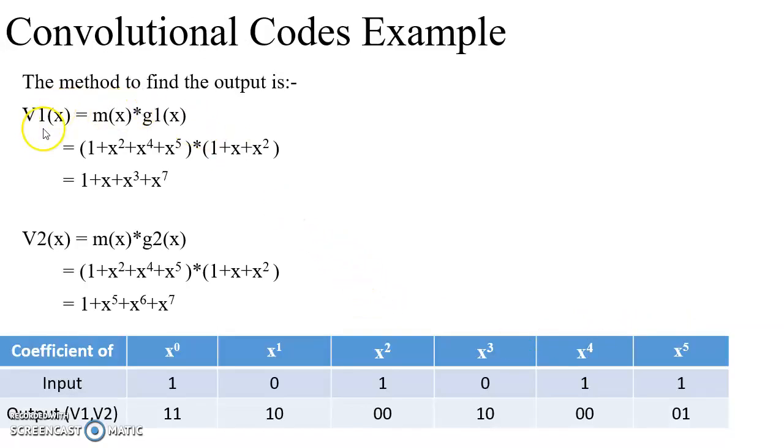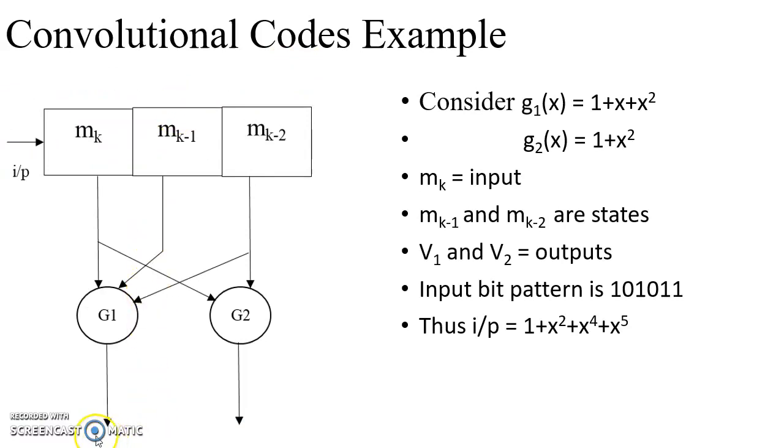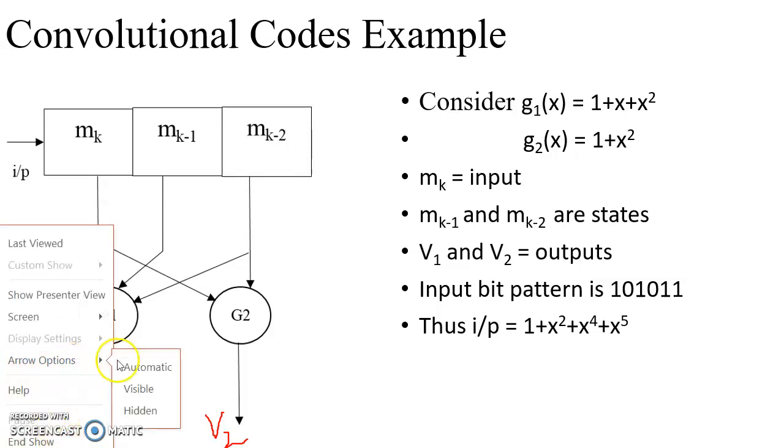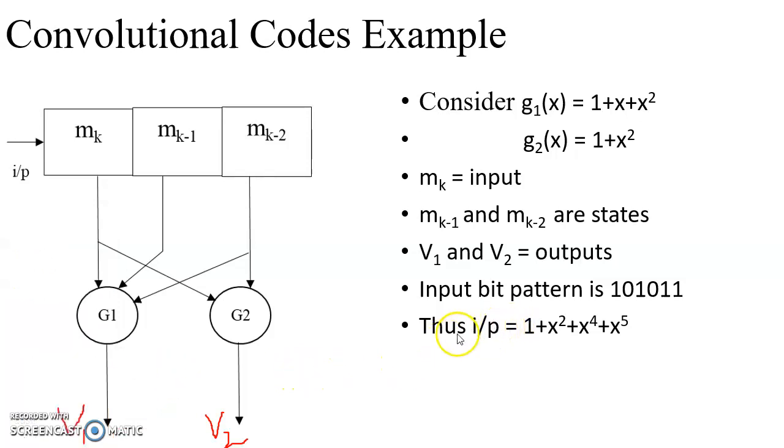Now to find the output, v1 of x is written as m of x into g1 of x, and v2 is m of x into g2 of x.